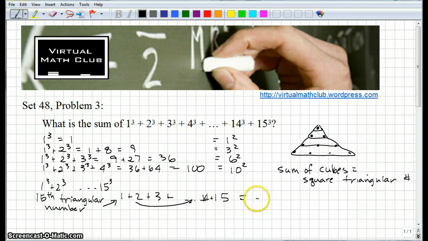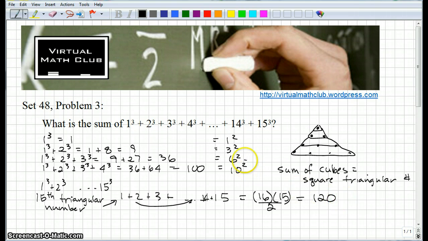Here's what you do: you add the first number and the last number, which is 16, times the number of numbers, which is 15, and you divide it by 2. So it's essentially 8 times 15, which is equal to 120. So this is the 15th triangular number.